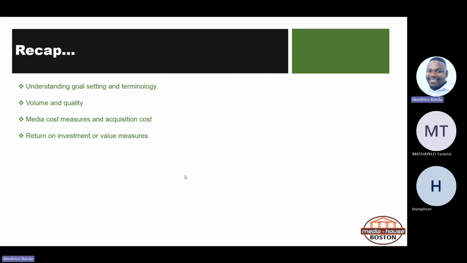We also looked at the VQVC approach, where you look at volume, quality, as well as the data that you get, the value that you get from that campaign. So sometimes you see that some campaigns can attract huge numbers in terms of volume. It can go to millions of people, especially if you're using celebrities who've got a huge following.